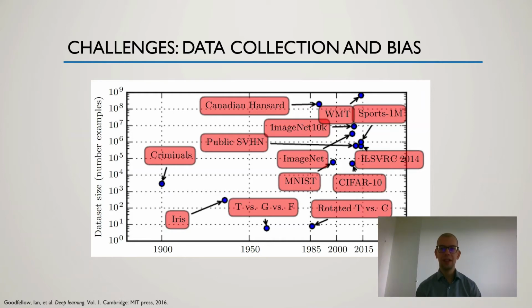So here in this graph you have in a timeline the most used data sets in computer vision. And for example, I want to focus your attention on this ImageNet dataset, which is from roughly 2010, and this contains something like, I don't know, maybe 10 millions of images.